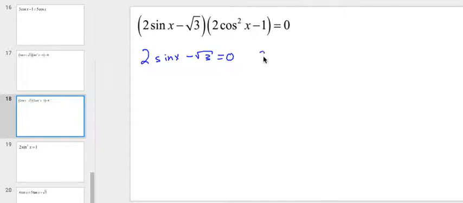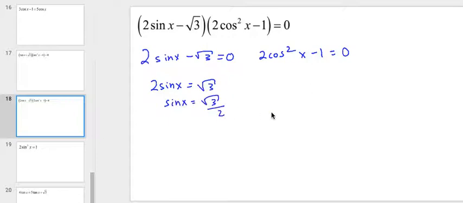And the other answer would be coming from this equation, 2 cosine squared x minus 1 equals 0. The first equation, if you solve it, you get 2 sine x equals root 3, and we got sine x equals root 3 over 2.